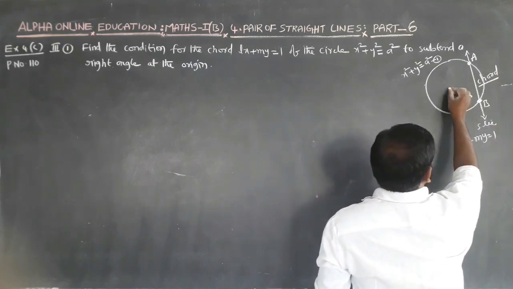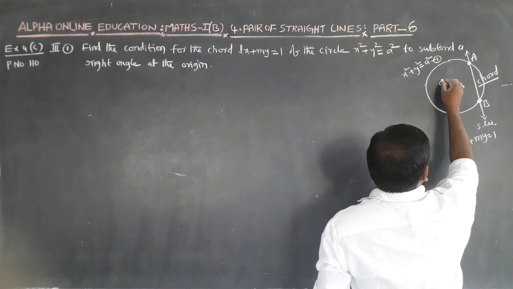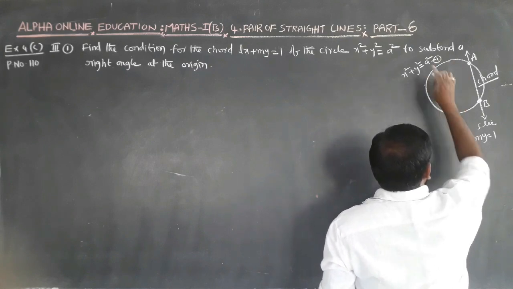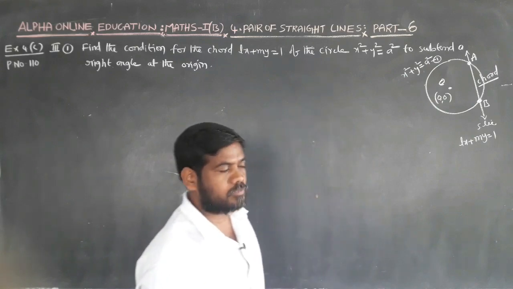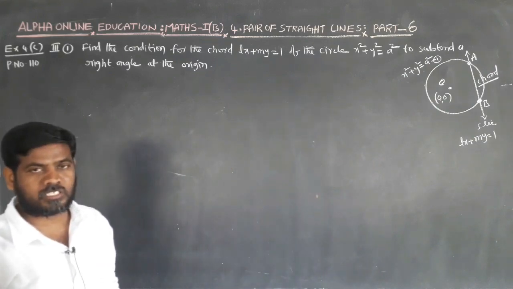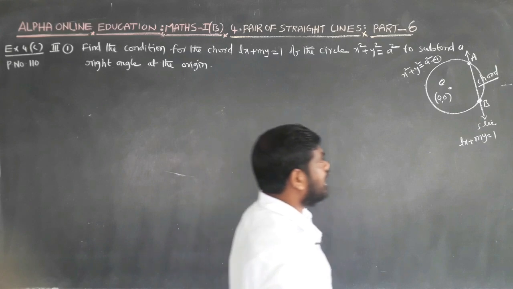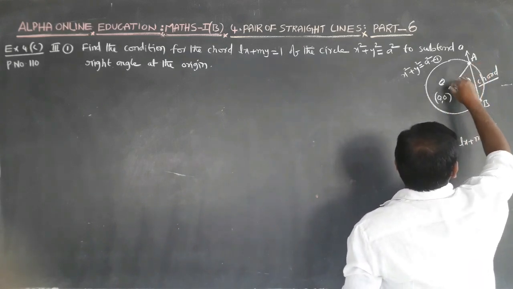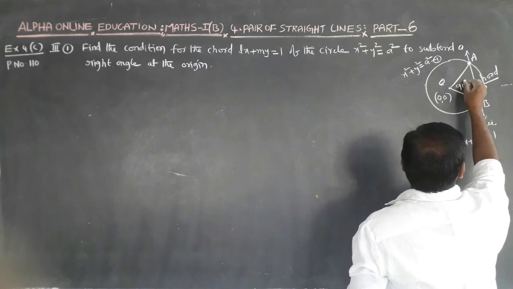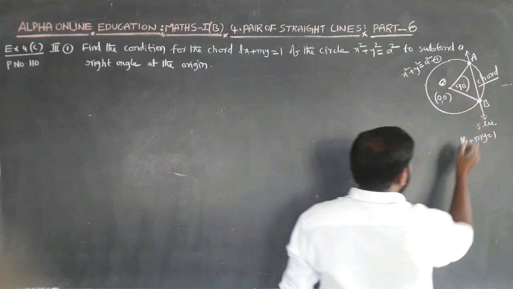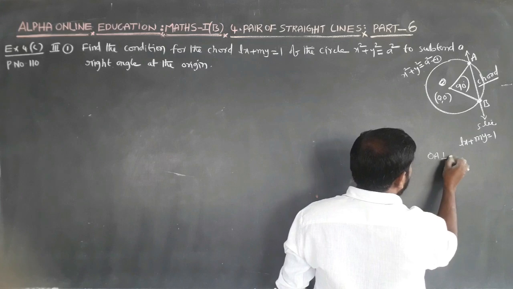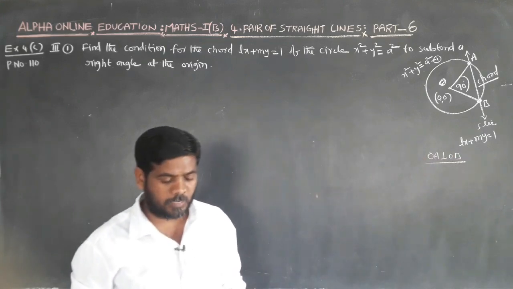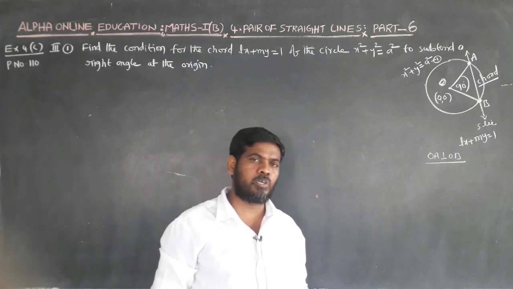Here the center of the circle x square plus y square equal to a square is the origin. We need to find the condition for the chord to subtend a right angle at the origin, which means the line OA is perpendicular to OB.